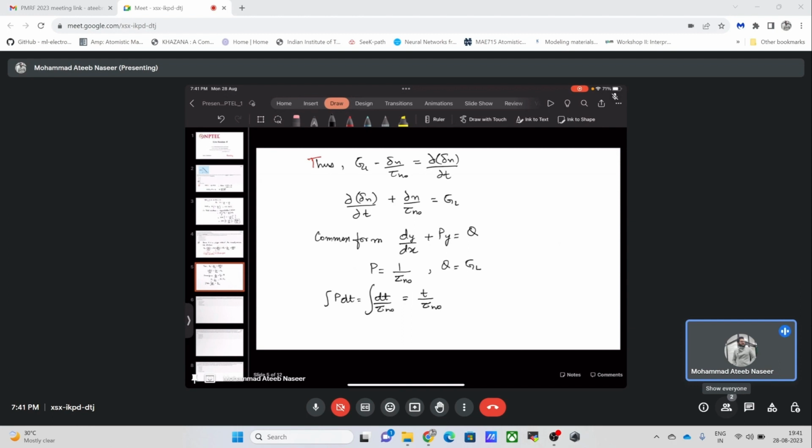Now the integrating factor is simply the exponential of the integral of p dt, which is e to the power t by tau n naught.